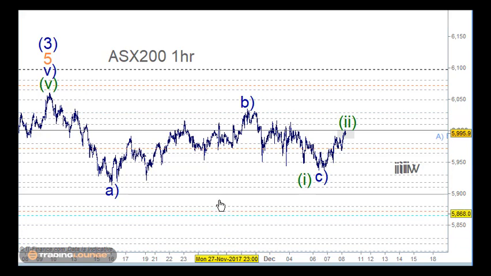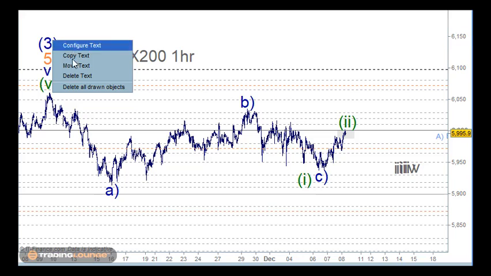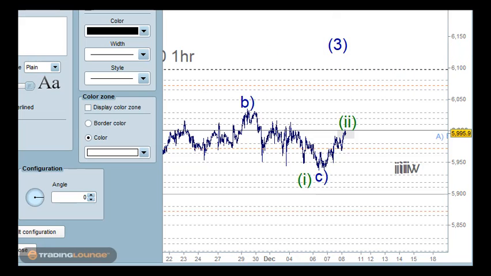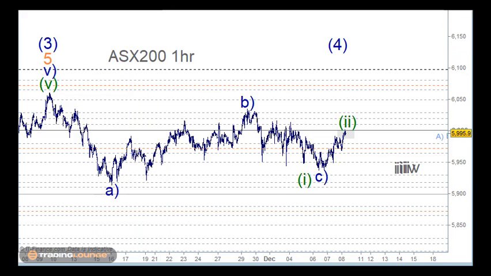So we know that going from wave 3 into a wave 4, wave 4s can get very complicated, and unfortunately I think this is really what we're looking at here. We're looking at some sort of really complicated, messy structure, because I can't really nail it down very well. This move down through here, I would like to call it impulsive as wave 1 or wave C, but it just doesn't count very well, and this gets really messy in here as well, but that's okay because I can see that it's a corrective rally.